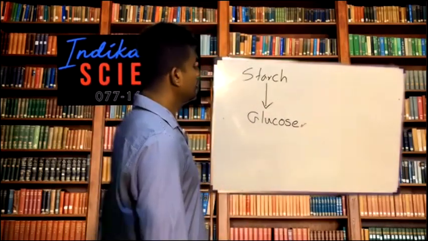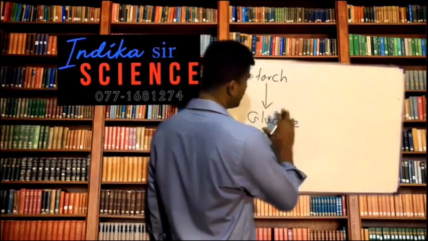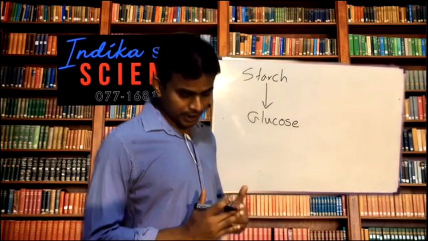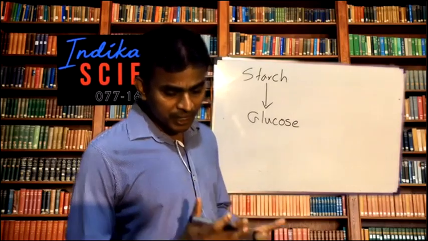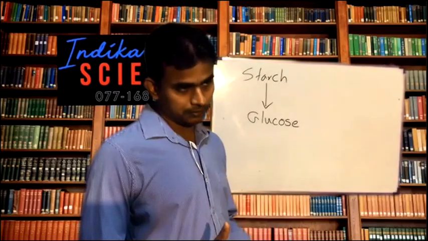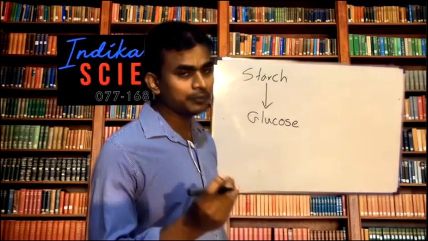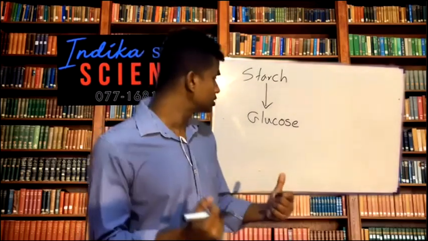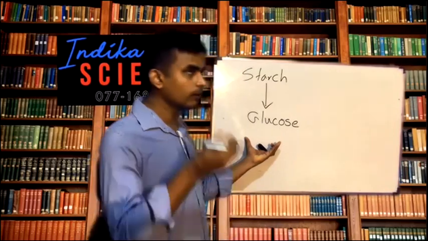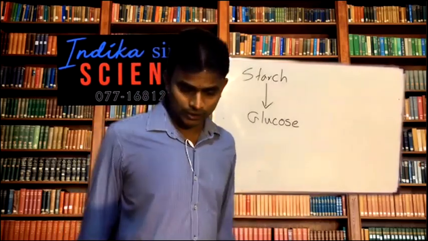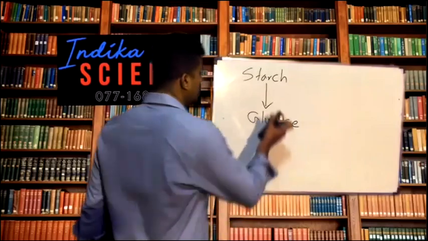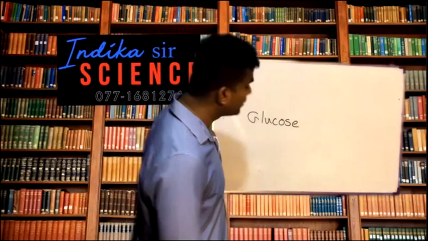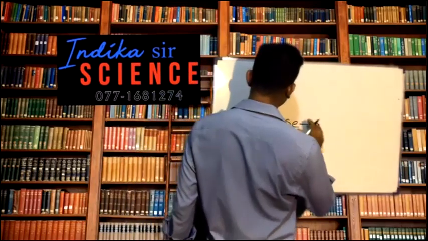Then glucose comes to the body, and our objective is to produce energy. Respiration means not just taking oxygen and releasing carbon dioxide. Even though we take glucose, we need energy from the glucose. Our purpose is to produce energy.